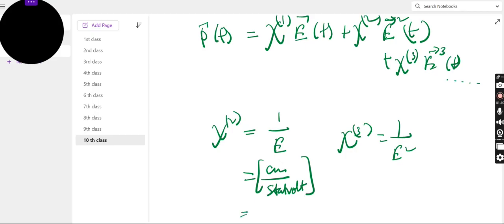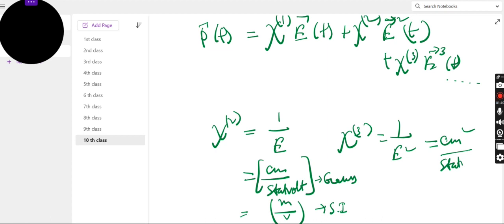but in SI it is basically meter by volt. Similarly, it is centimeter square by stat volt square, but it is meter square by volt square in SI.